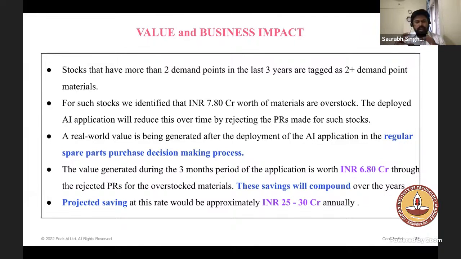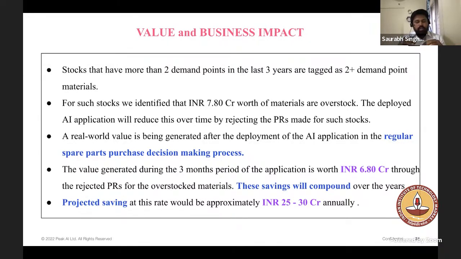The value this decision intelligence recommendation started generating is that, in a period of 3 months, we rejected approximately 6.8 crore rupees of purchase requisitions. This essentially means that had this AI inventory optimization application not been in place, they could have gone ahead with the order of 6.8 crore rupees of material for those SKUs, again piling up already overstocked material.